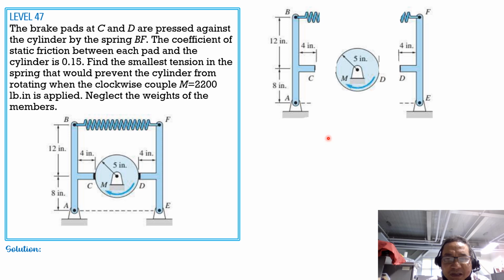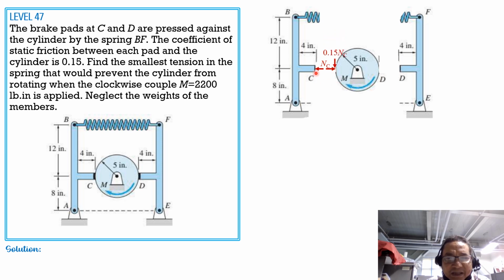So we will call the tension in the spring as T, the normal reaction at C as N sub C, and friction should be opposite to the applied moment. So it is going down here, and it is equal to 0.15 of N sub C as shown.